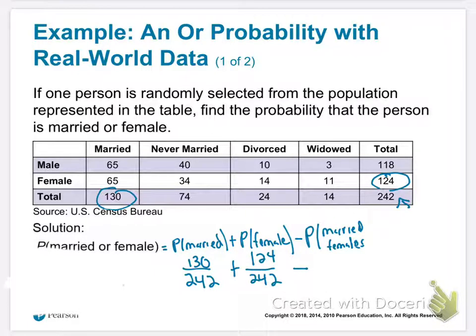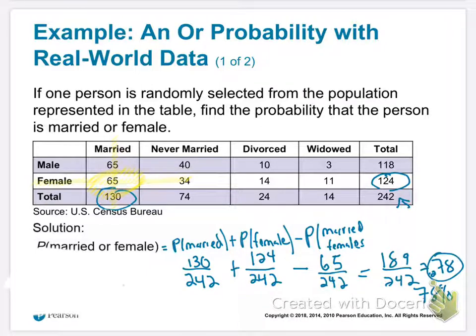Subtracting the total of married females. You see you have the married column and the female column, and where that overlaps is right here. So minus 65 over 242. That's 189 over 242, which appears to be 0.78 or 78%. So 0.78 is our probability.